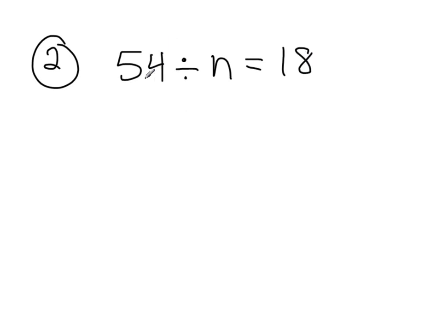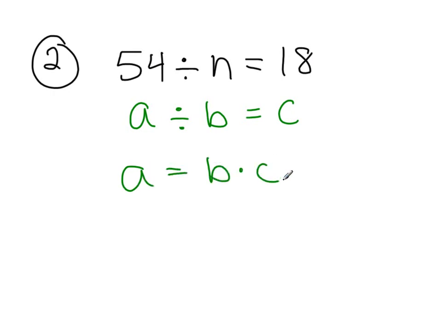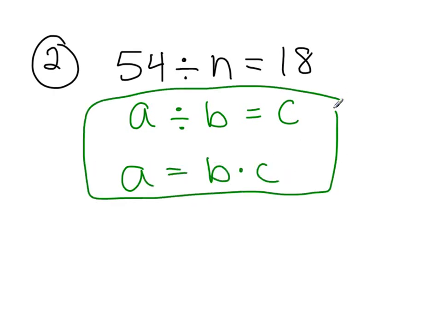Now, I want you to think of our definition for division. I know it's an ugly definition, but it really does help us. So we have A divided by B equals our unique number C. What that means to us is A equals B times C. That is our definition for division.